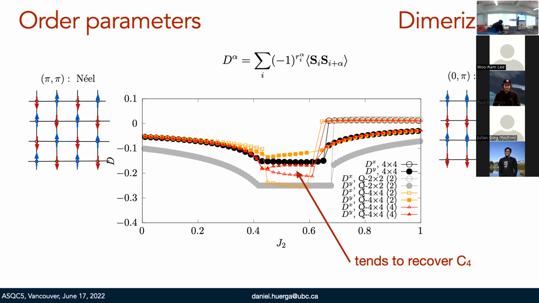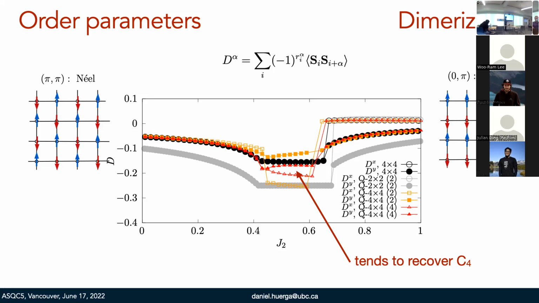So we have finite values also in the ordered phases, but if one would do a scaling analysis, one would see that they tend to 0 in the thermodynamic limit. But the important part is between 0.4 and 0.6, where we see with 2x2, in gray, a plateau, and with 4x4, in black, those are the classical results, a quasi-plateau.